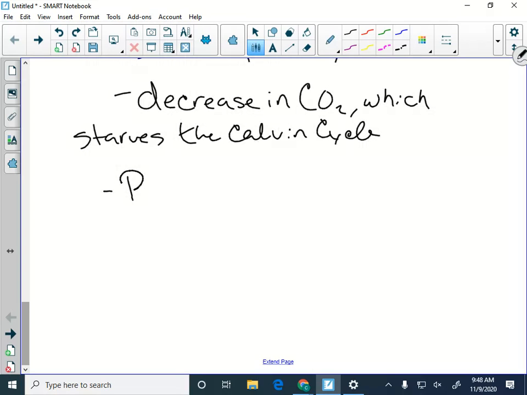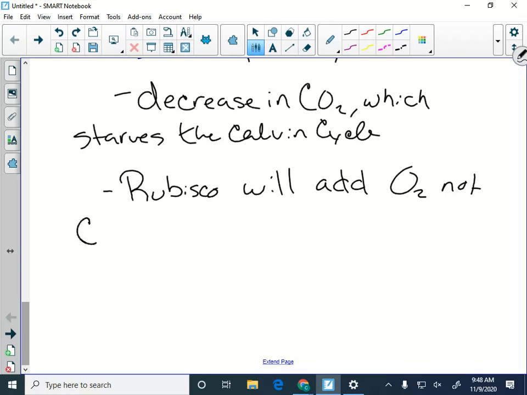And what will happen is Rubisco will add oxygen, not carbon dioxide, to the Calvin cycle. Rubisco's just doing its job. It's just trying to create this compound. So if there's not enough carbon dioxide, it'll just add that oxygen.